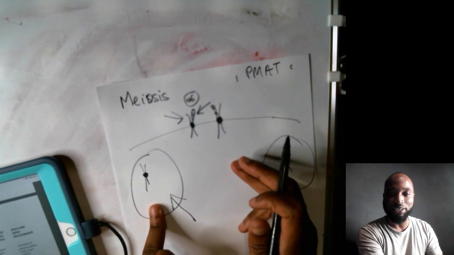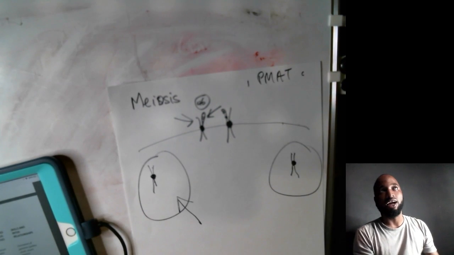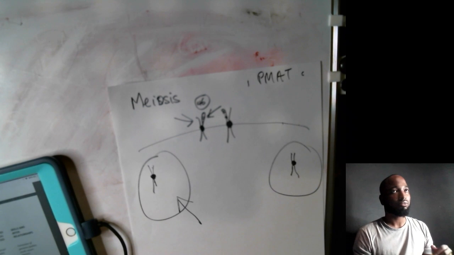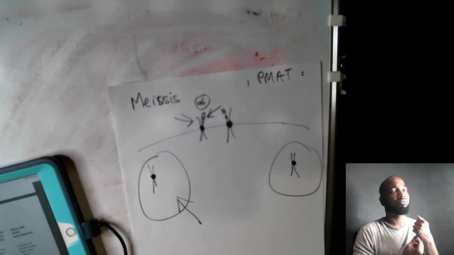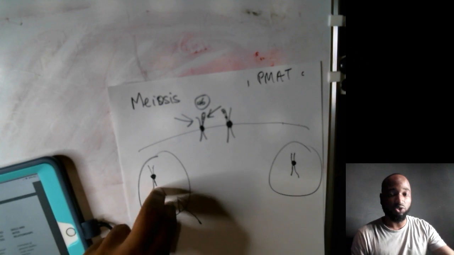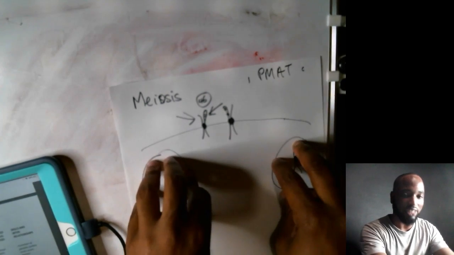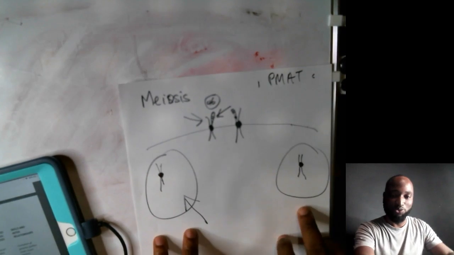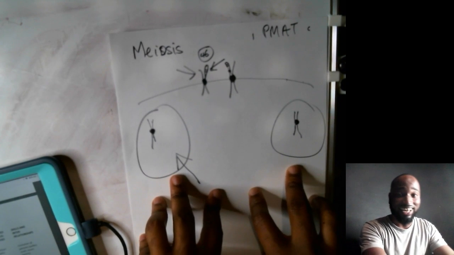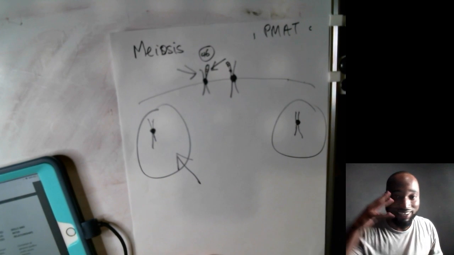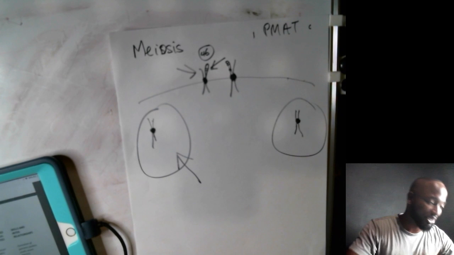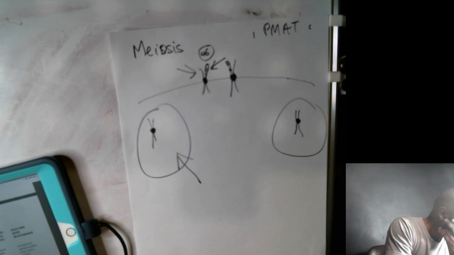The second time it does it, it will be creating two more unique cells. So you have two cells here, and these two cells are going to create two more unique cells, and that's going to make you end up with 4 cells in meiosis.